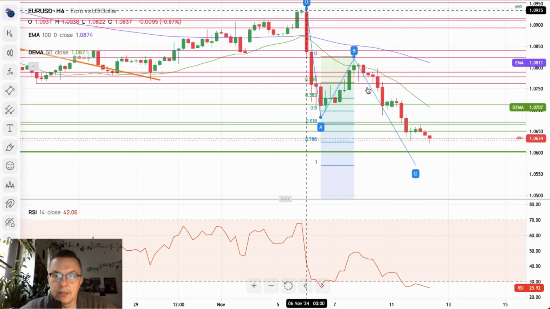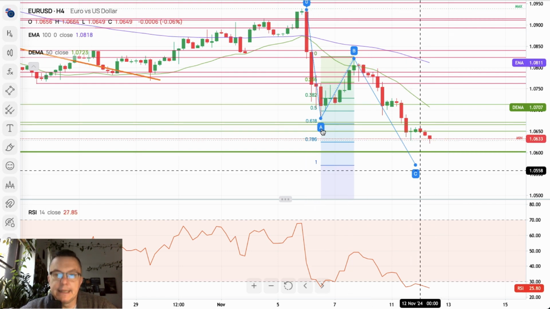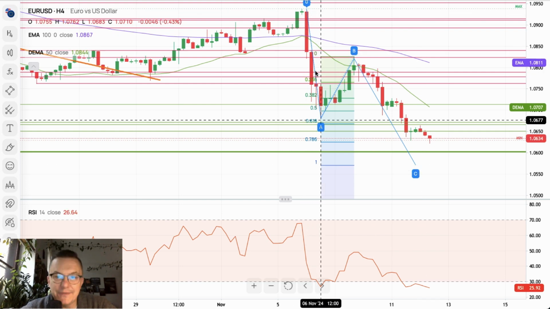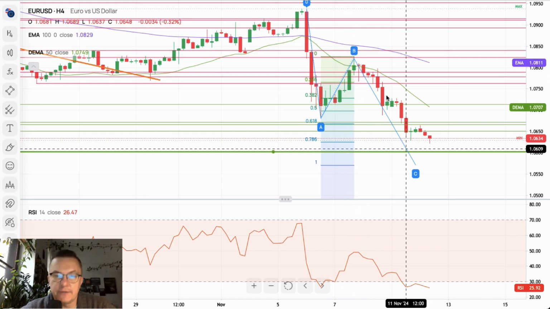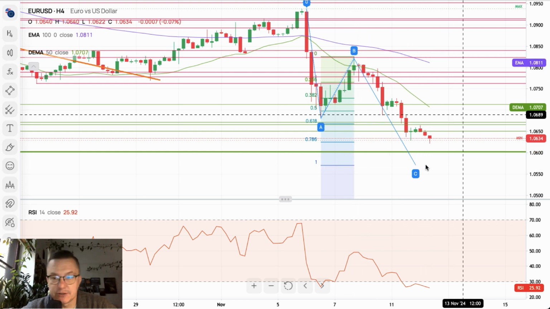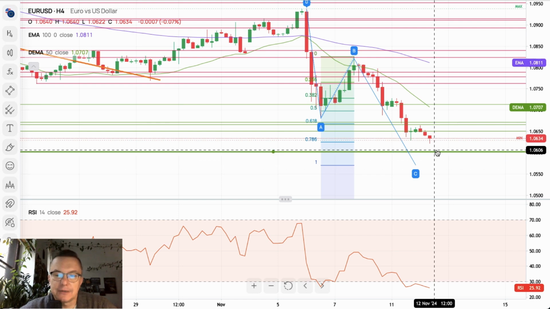In that situation, we will have the ABC, very nice market geometry situation where the length of the wave A is equal to the length of the wave C, which makes a case for a strong bounce from this level. So we might see some kind of a spike to the downside, some sort of a pin bar or something like this.